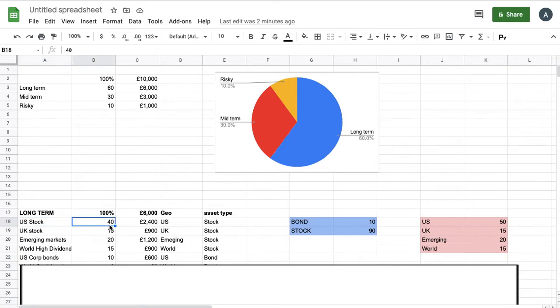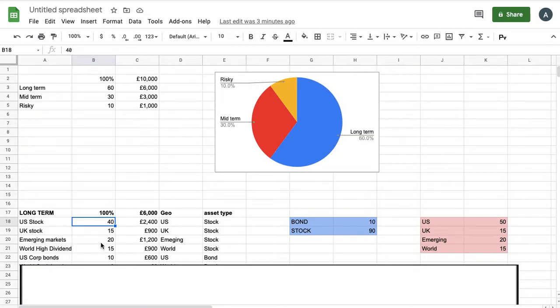So out of 6,000, which is my long-term investment fund, I'm going to allocate 40% to the US stock, 15% I'm going to allocate to the UK, simply because, well, it's Brexit, and overall, I think UK economy has been struggling lately, but I might change this because US is actually overvalued, so it might make more sense to move to the UK.